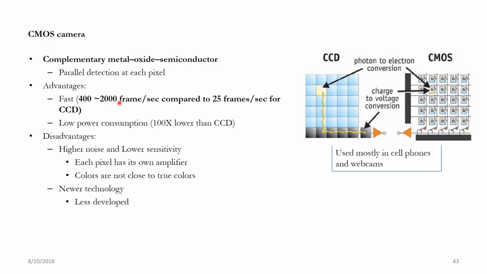So that's how it works. Good thing is that it is fast. Bad thing is that the noise will be higher, because here the source of noise was only the serial detector. On the other hand, here each of these pixels is going to have its own noise, and hence all the noise is going to add up. So depending upon the application, you have to choose.